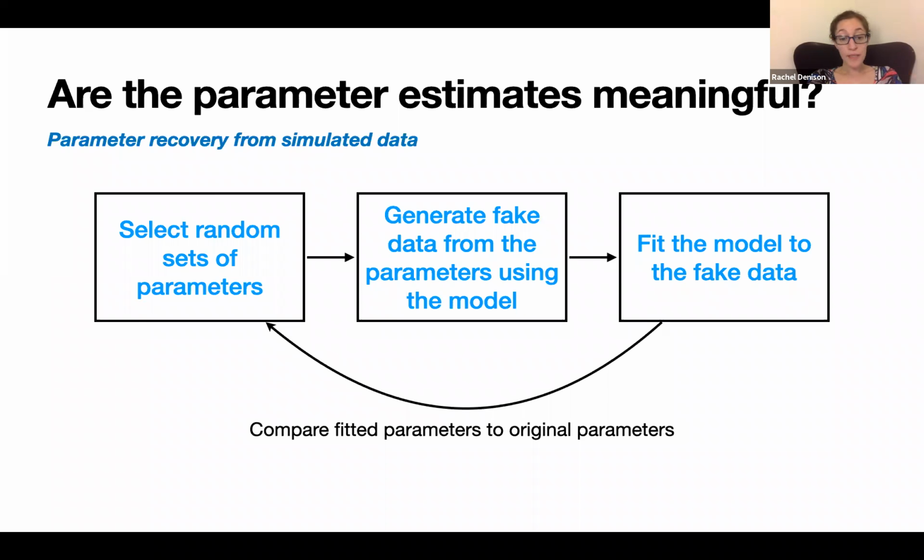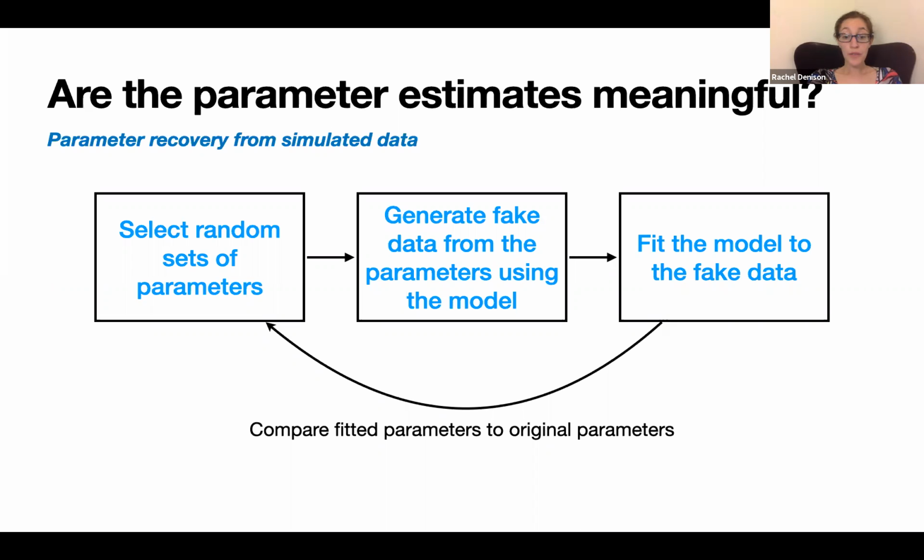So to address the question of the interpretability of the parameter estimates, we did a few things. First, we performed parameter recovery, and that's the process I'm illustrating here. So we selected various parameter sets at random, so we know the ground truth of the parameter values.